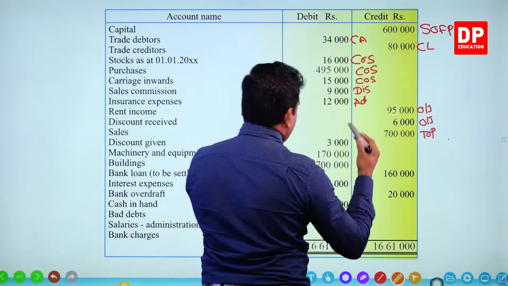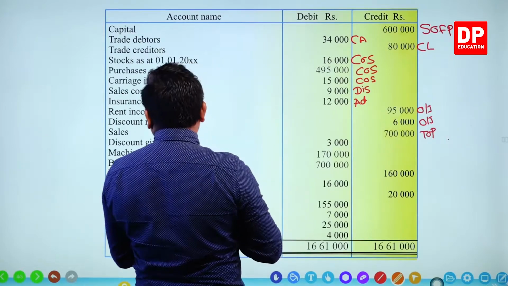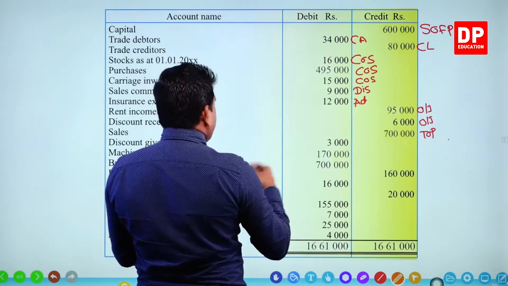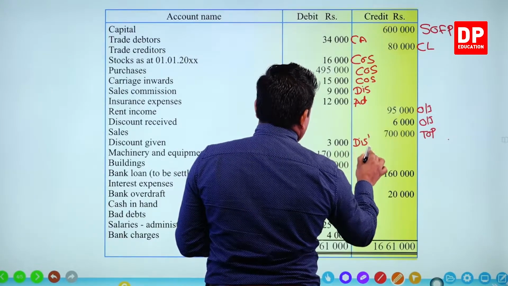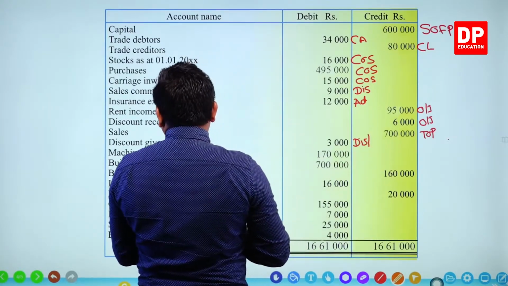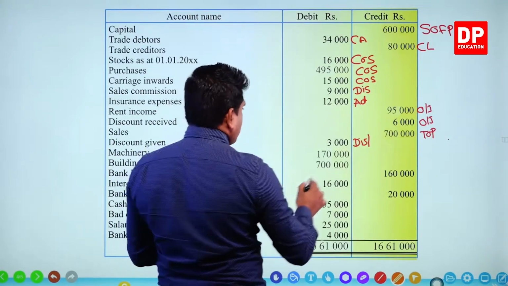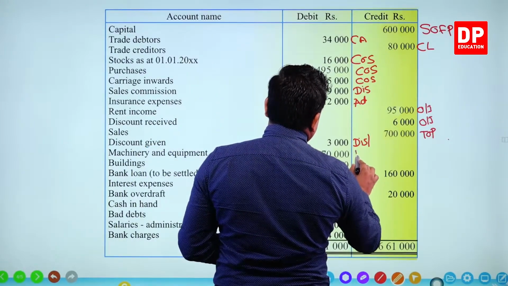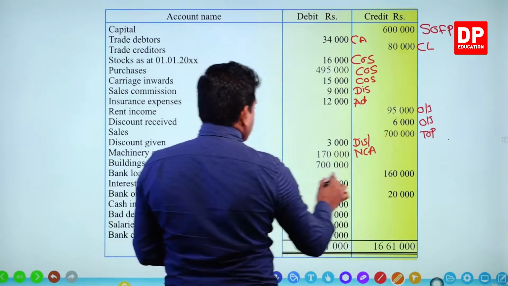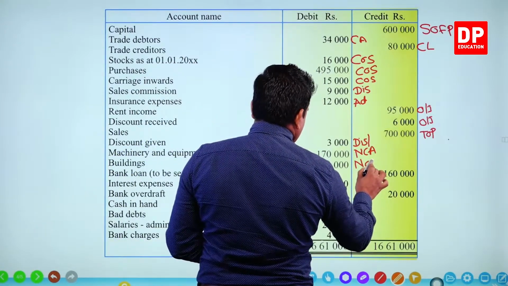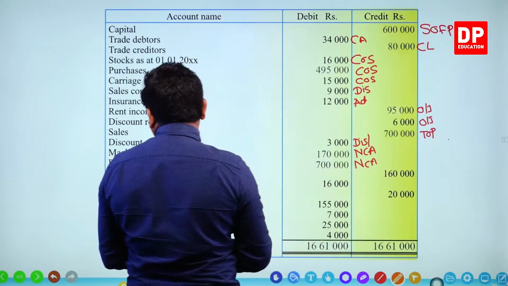When I write top, then you remember it goes to the profit and loss statement on the top. Discount given, we give the discount. Distributing expense. Machinery and equipment, these are the assets, so it goes to the non-current assets. Okay. Then building also non-current assets.